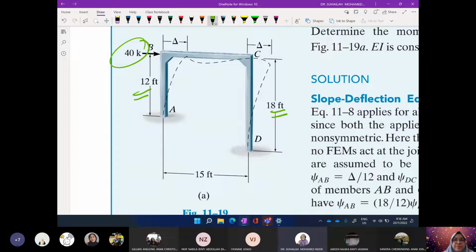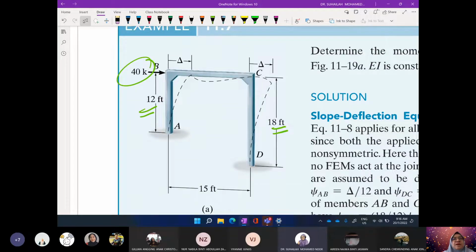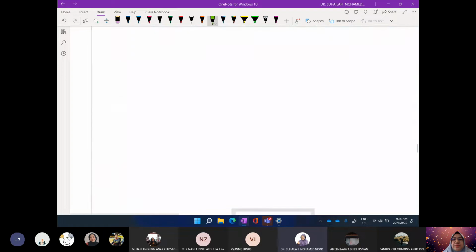So this is a side sway frame. But FEM for loading, we calculate for loading on the member, and in this case there is no loading subjected on the member. It means P is equal to 0. So if we analyze using the moment distribution method, we will only get the value which comes from delta. This is about the side sway frame.